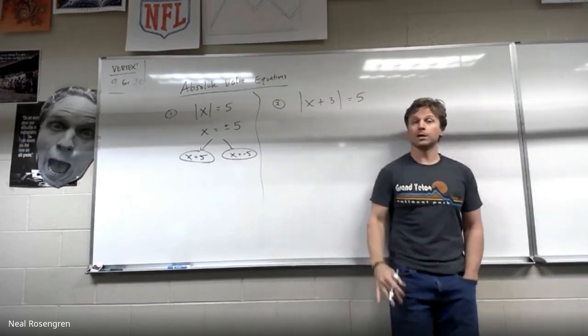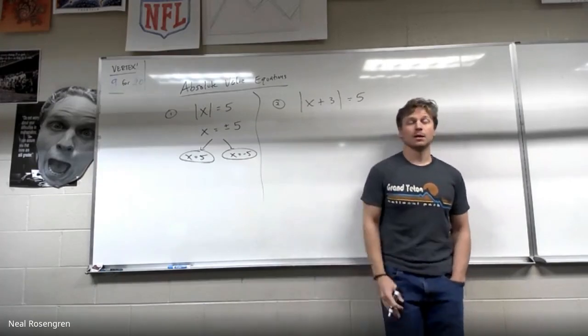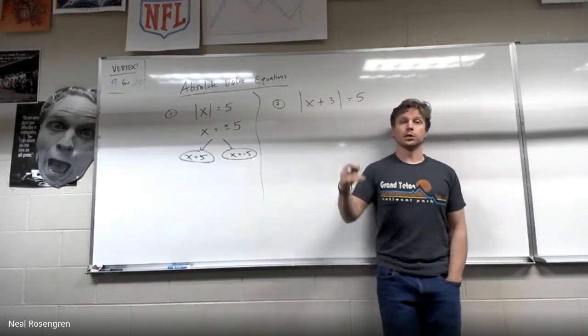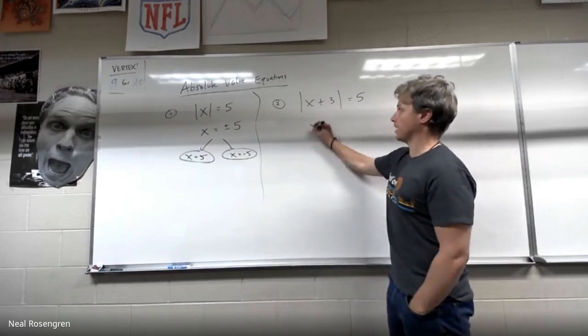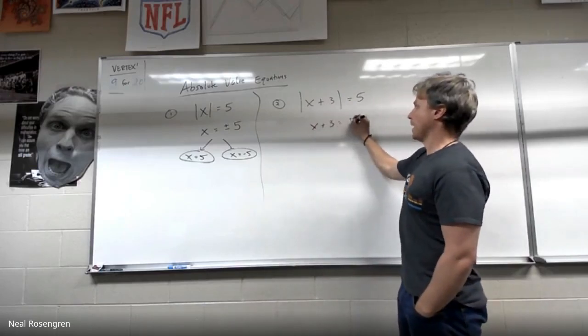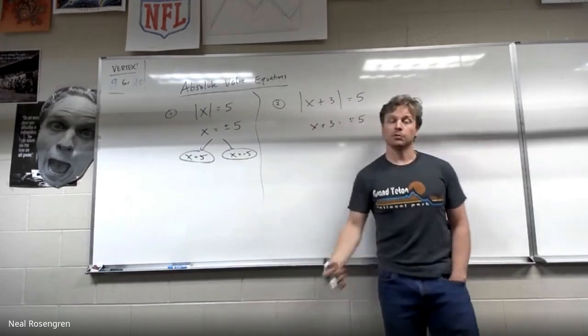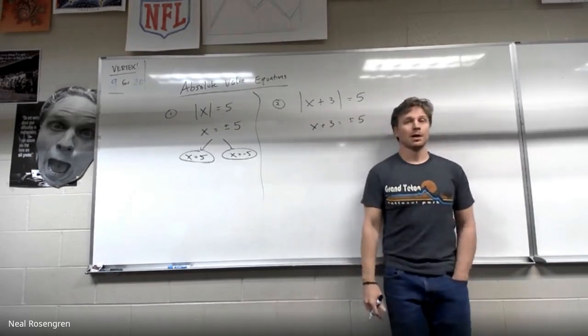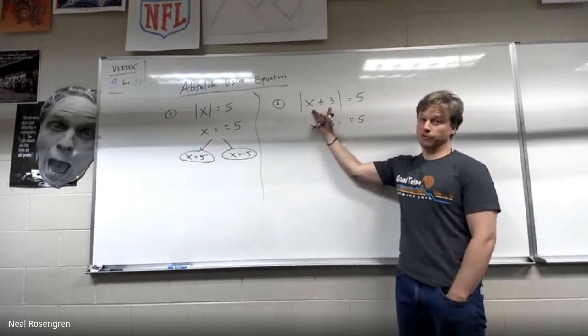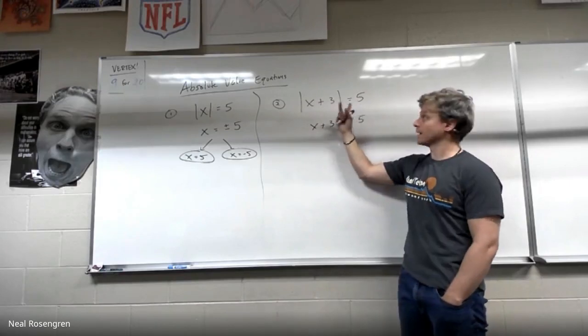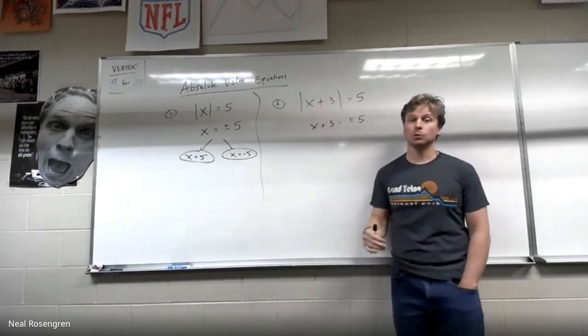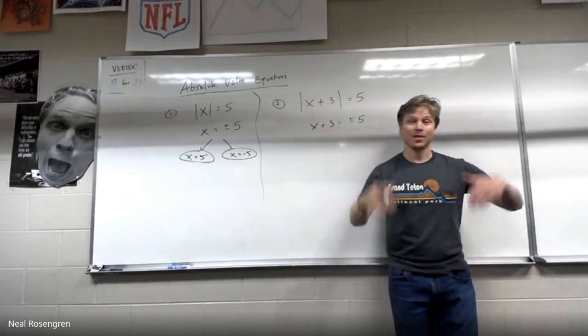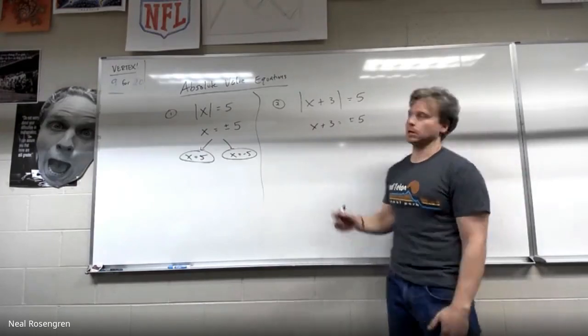And so because there's nothing else on that left side with the absolute value, we can drop the absolute value from the left and put a plus or minus in front of the number on the right. Because if I could make x plus 3 equal to 5, then yeah, absolute value is going to work. And if I can make x plus 3 equal to -5, then I take the absolute value of that, and of course I'm going to get 5.